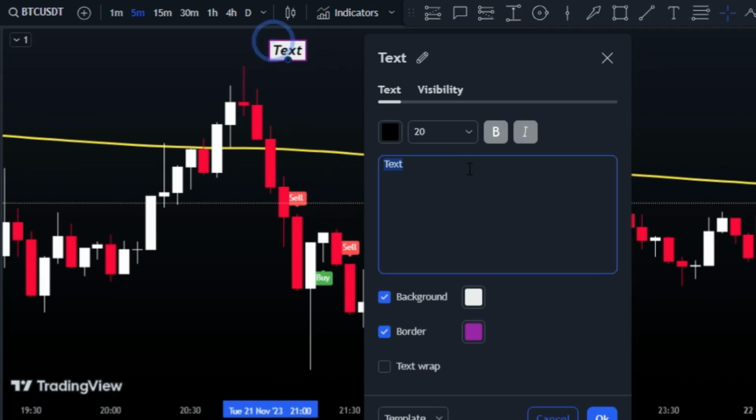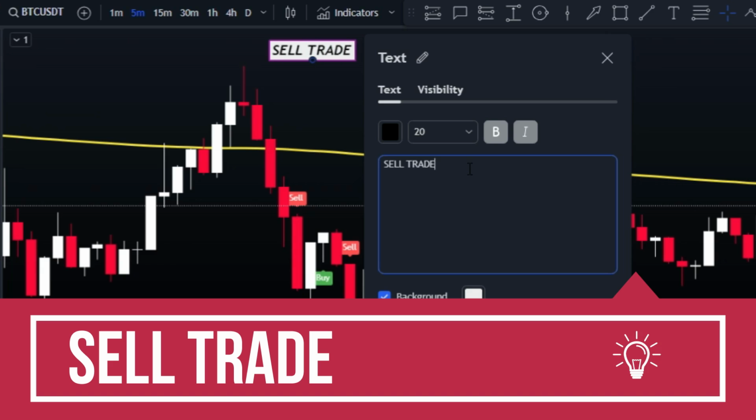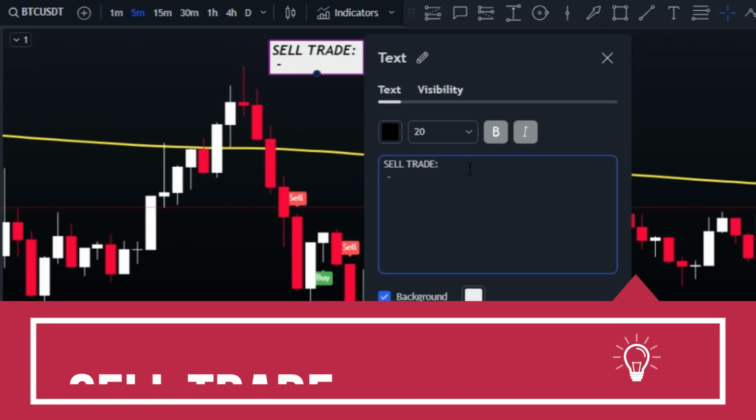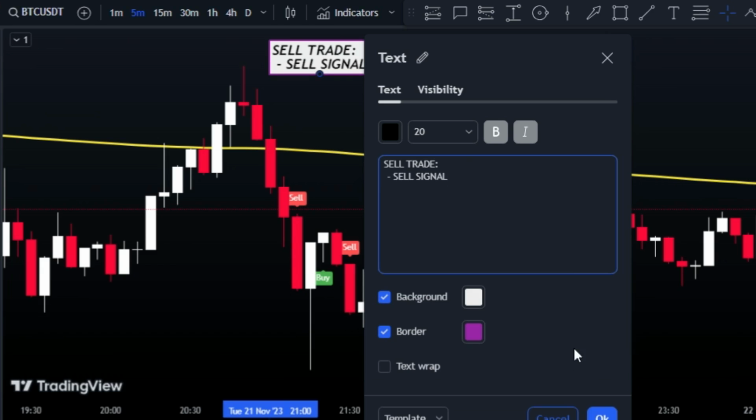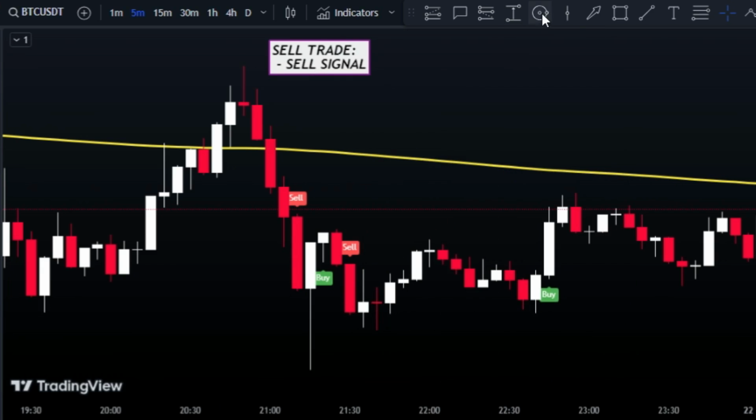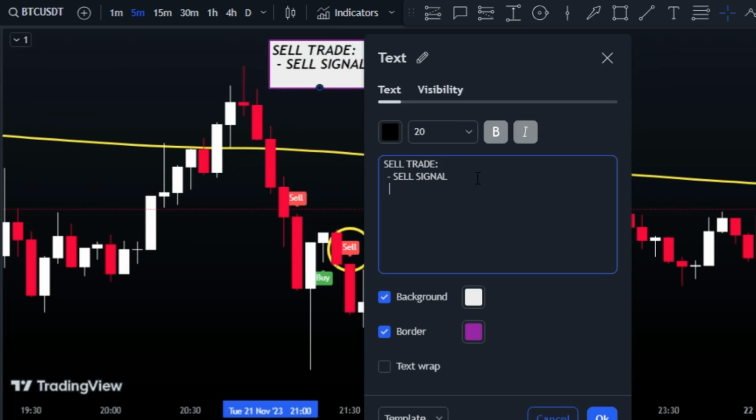Alright, to initiate a sell trade, you first need to spot a sell signal on your chart. Then, check if the closing price of the signal candle is below the yellow line of the moving average.